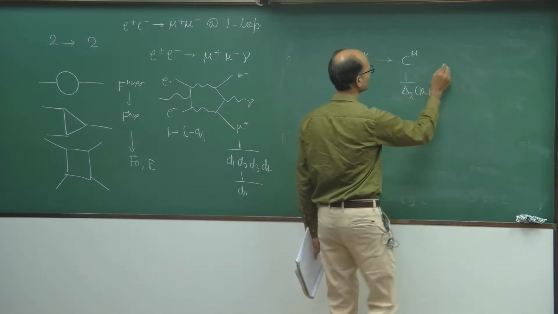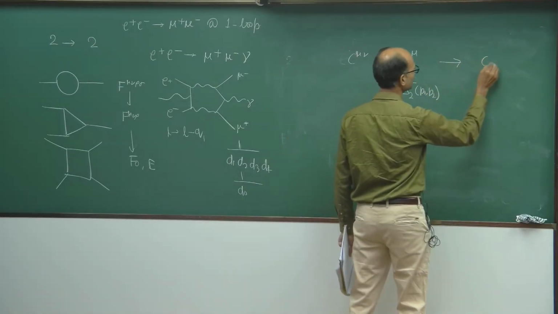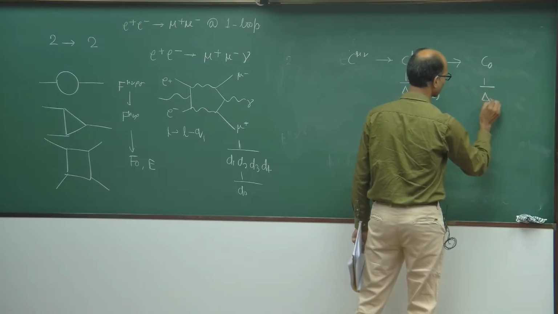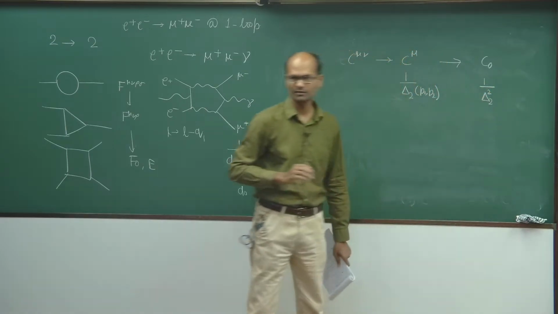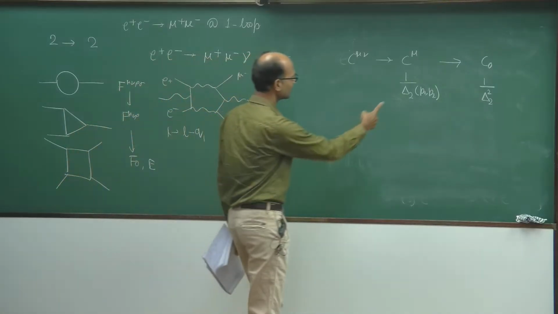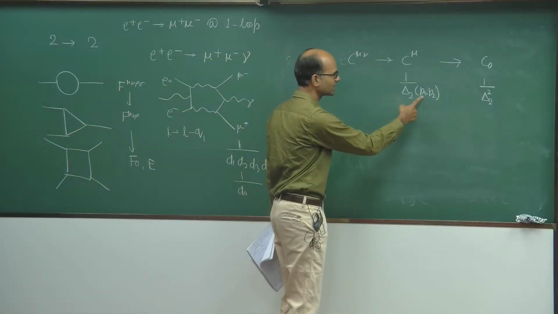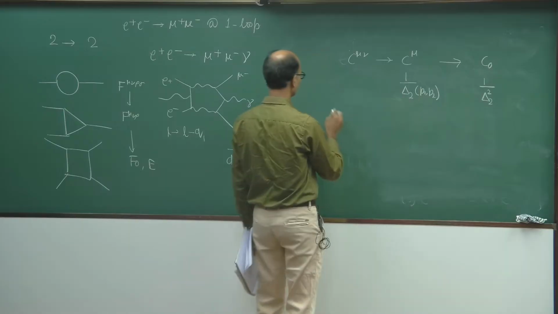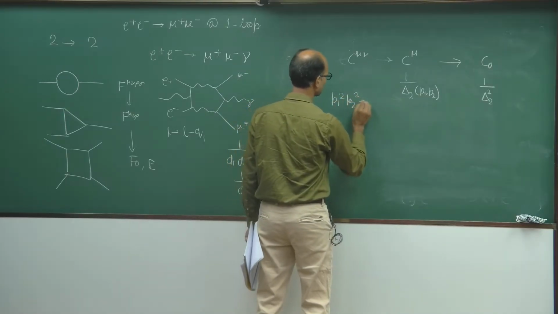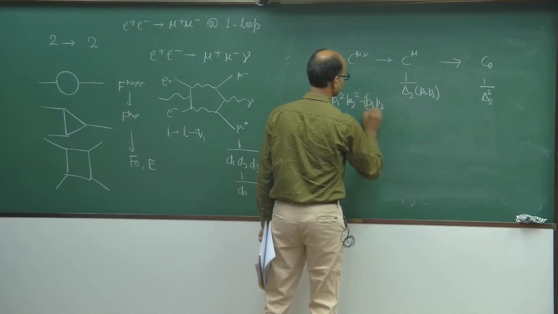When I go to C0, I introduce another Gram determinant. So in 3-point reduction, the Gram determinant depends on P1 and P2. So this is P1 squared, P2 squared minus P1 dot P2 whole squared.